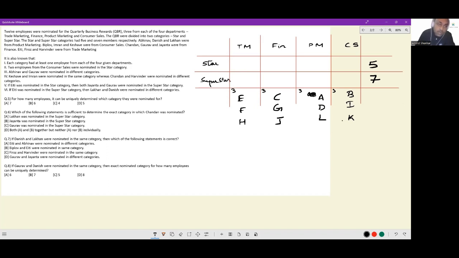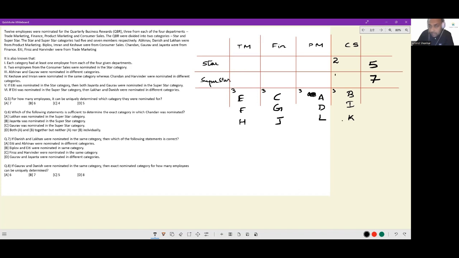Next is each category had at least one employee from each of the 4 given departments. Which means for star, in each of these 8 cells, every cell is supposed to have at least one. So for star, I know one of these cells will be 2, the remaining cells will be 1. Next, we're told 2 employees for consumer sales were nominated in the star category. So we have 2 here.